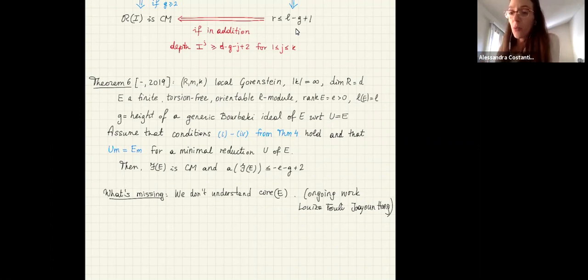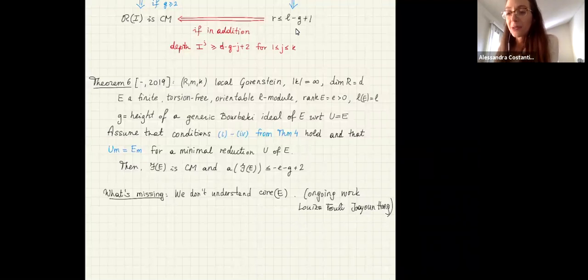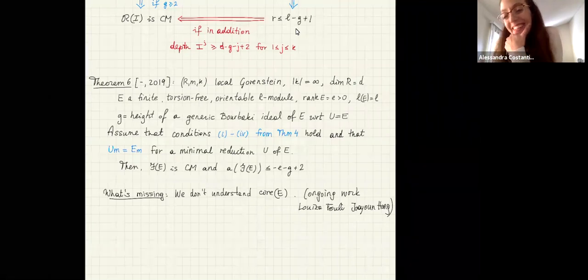We're also trying to figure out whether we can skip this generic and general, whether we can actually cook up residual intersection for modules. We try to think that ideals are modules of rank 1, but at some point the ring structure comes in, and you figure out that when you think of them just as modules of rank 1, you're missing out. So it's not that easy.